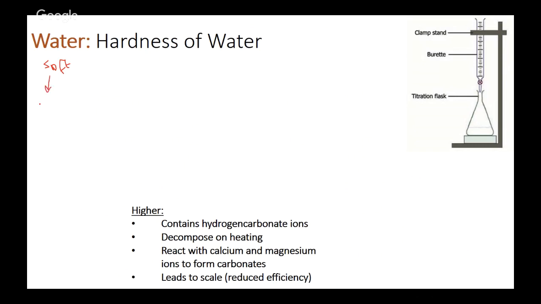Soft water easily forms a lather, which is permanent bubbles, with soap. The opposite of that is hard water. If you live in a harder water area, it's more difficult to form a lather with soap. Hard water actually reacts with soap to form scum.